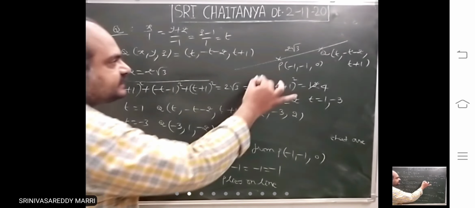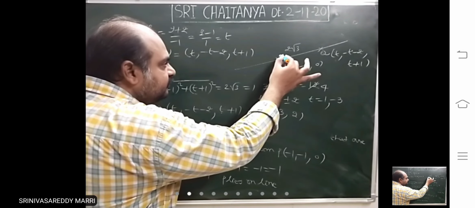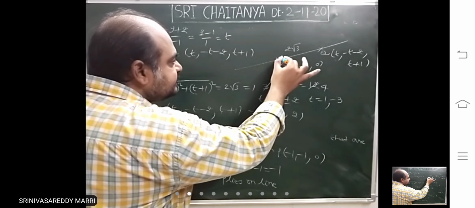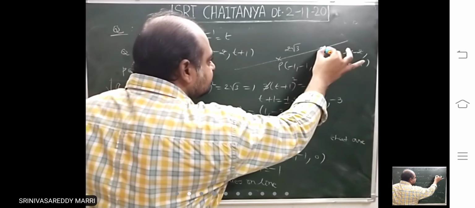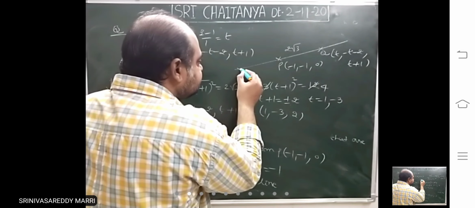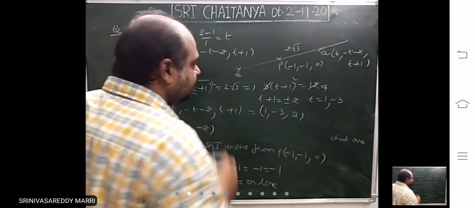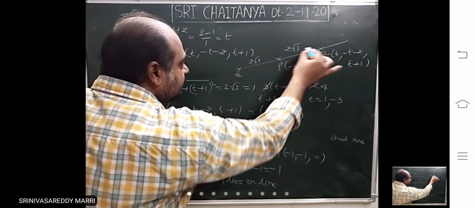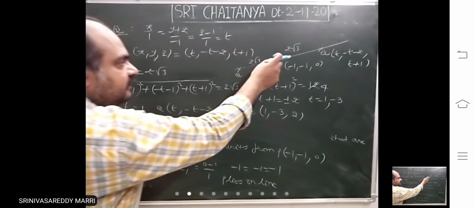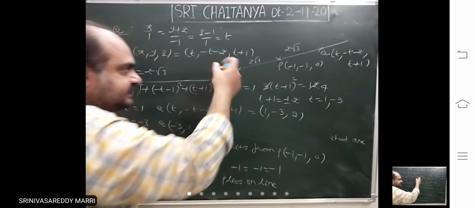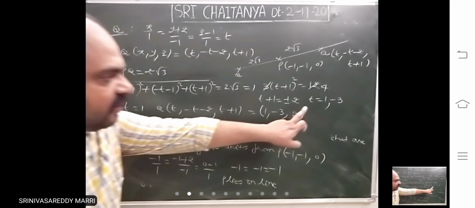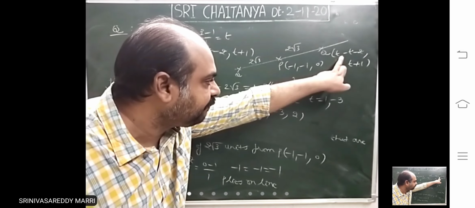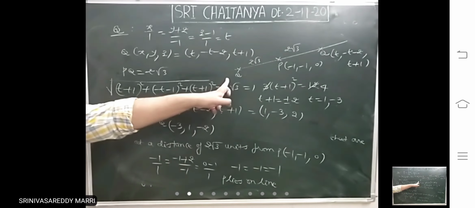Why did you get two points? Logically, if you want to find a point at a distance of 2 root 3 units, one point will be on this side and one point on this side, and either can be Q. That's why you got two values of T. For one value of T there is one point, and for another value of T another point.